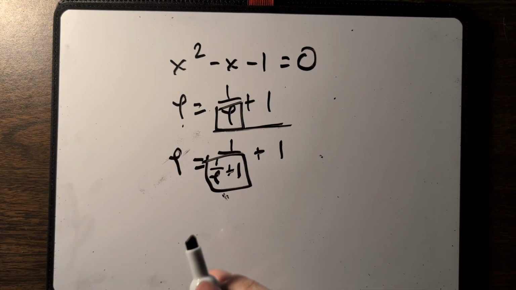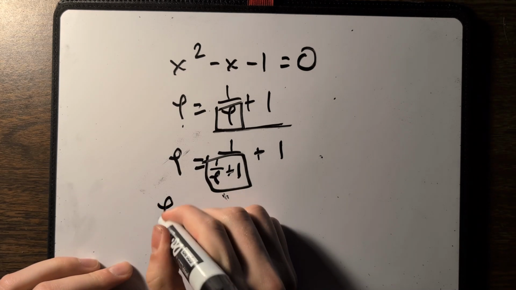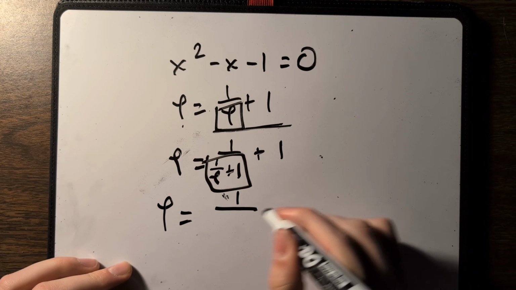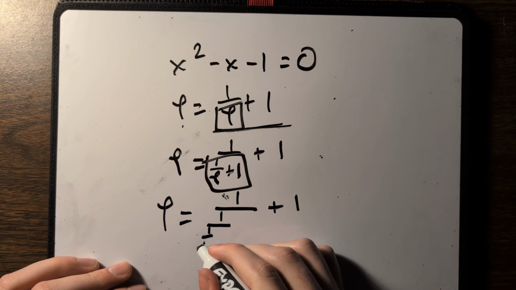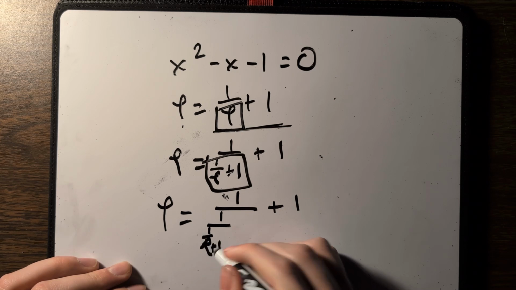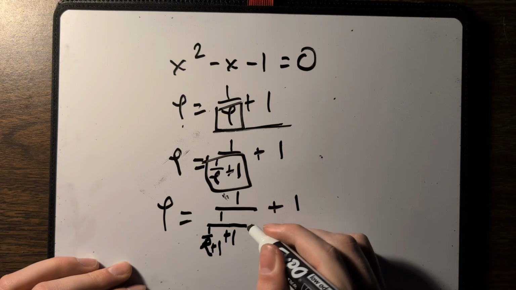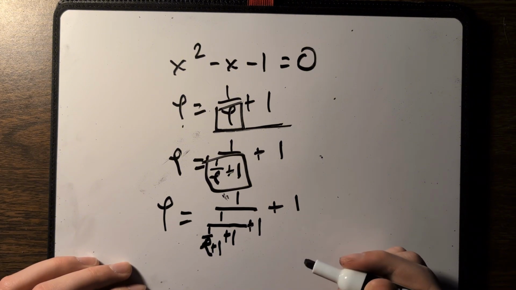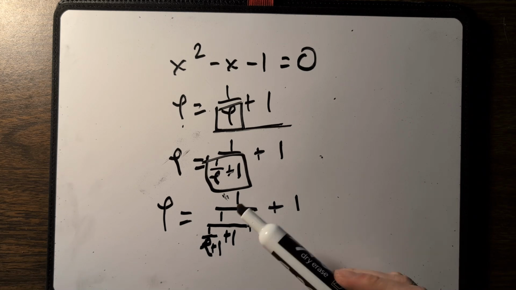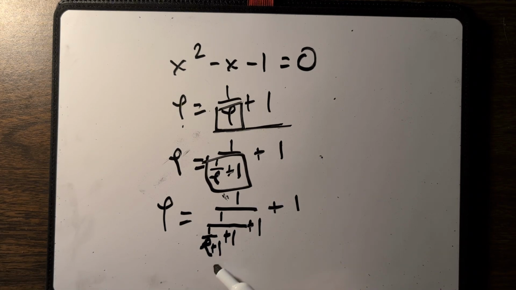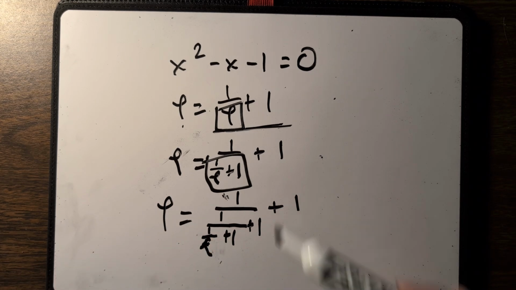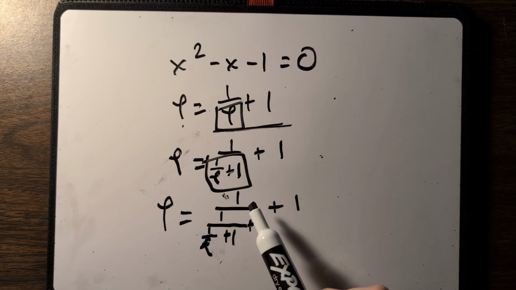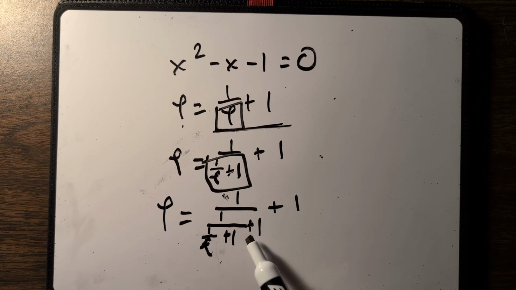So if we do that, say we do it again, well, phi also equals 1 over phi plus 1 plus 1. Oh, wait, no, that's not plus 1. So then we have 1 plus 1 over 1 plus 1 over 1 plus 1 over phi.